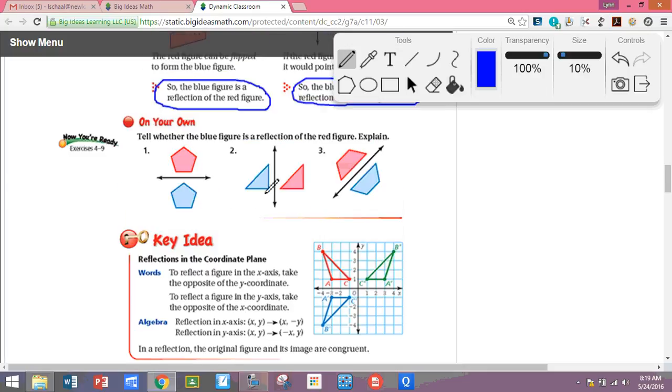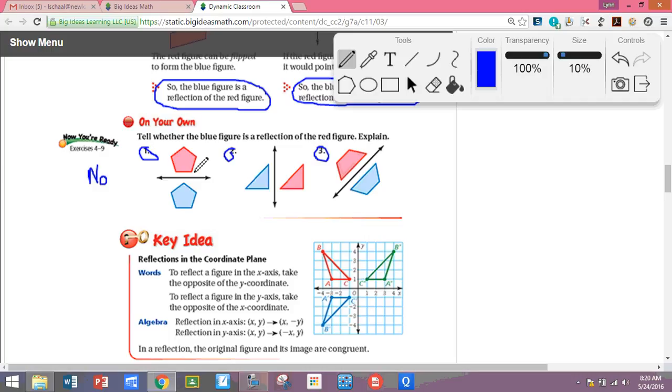Now, doing the same thing, I want you to do numbers 1, 2, and 3. Pause your computer, do 1, 2, and 3. Come back, and then make sure you tell me if it is or is not a reflection and why it is or is not. Number 1, you have a pentagon and another pentagon. Is the red pentagon a reflection of the blue pentagon following that line of reflection? And it is not.